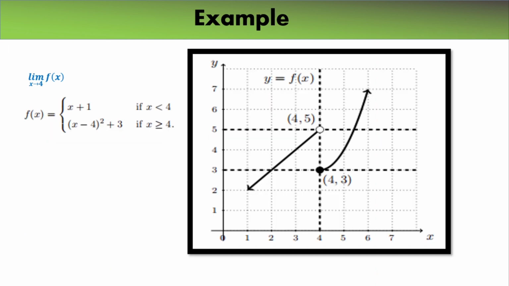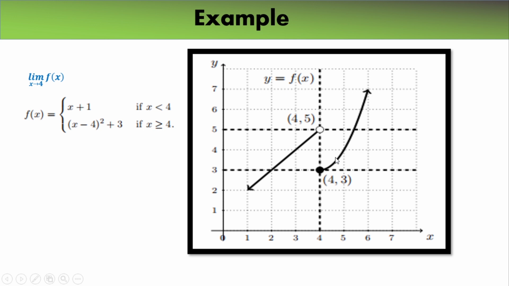So, try nating evaluate yung function using graph. So, this line is our x plus 1. So, as x approaches 4 from the left, yung f of x natin ay papalapit sa 5. While for this curve, which is our x minus 4 squared plus 3, as x approaches 4 from the right, yung value ng y natin o yung f of x natin ay papalapit sa 3.